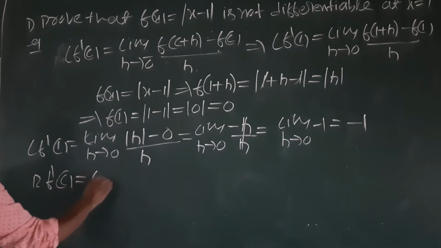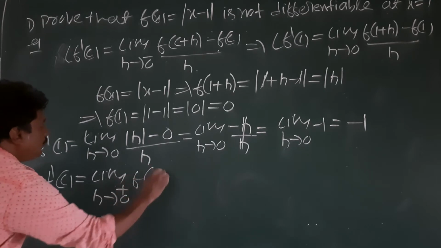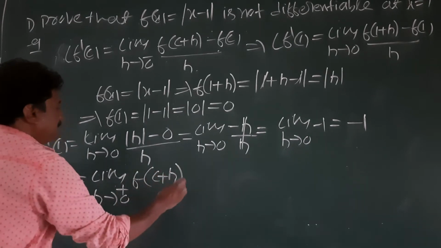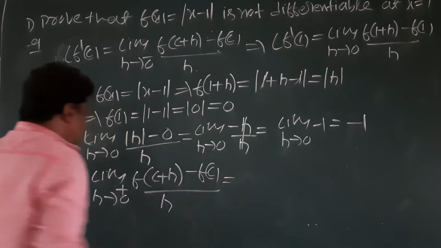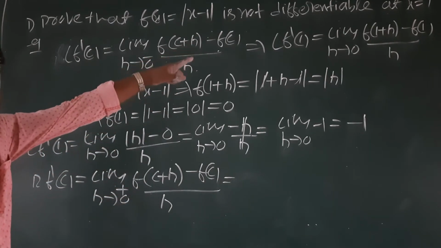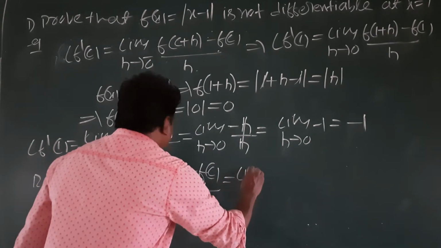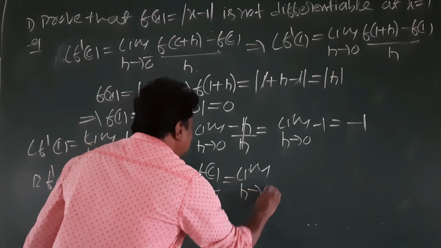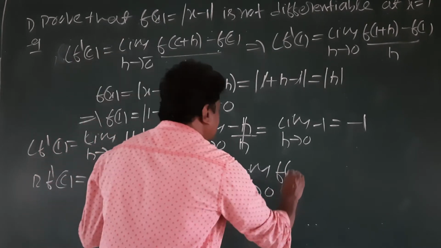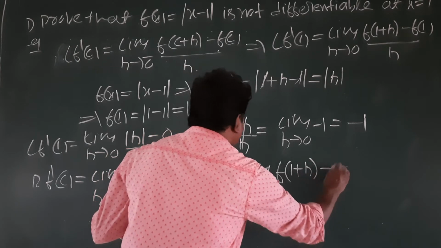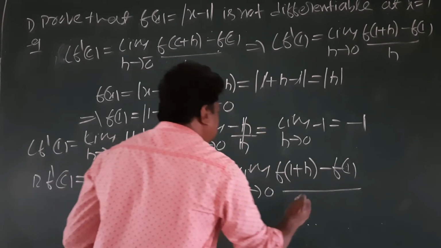So limit h tends to 0 plus, f of c plus h minus f c by h. So write again, c is 1. So you substitute 1 for that c. So limit h tends to 0, f of 1 plus h minus f1 by h.